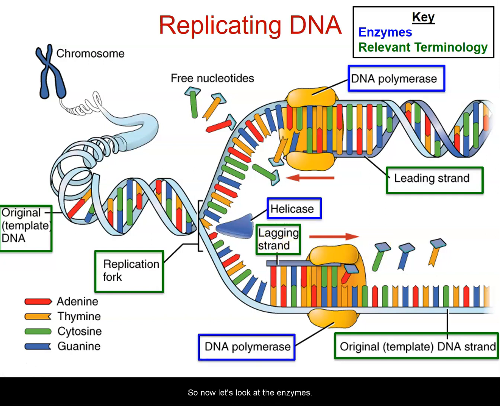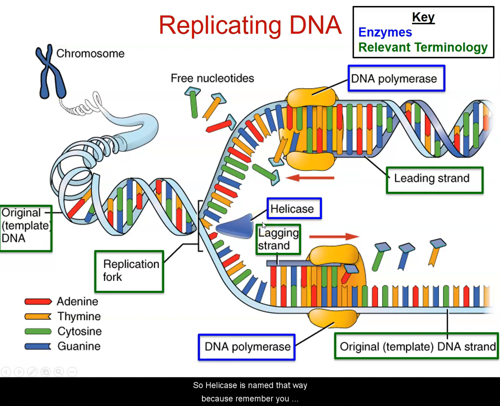So now let's look at the enzymes. There are 2 major enzymes that you're going to be required to know about. The first is helicase. Remember, enzymes are proteins, and anytime you see a word ending in ASE, it means it's an enzyme. So helicase is named that way.